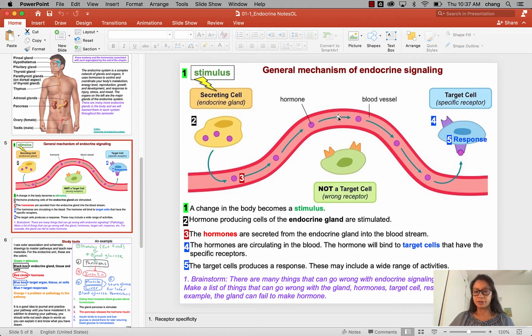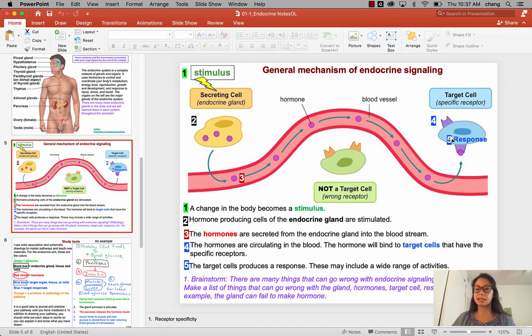The hormone will travel, and it's going to look for a binding site. If a cell does not have the correct receptor, it is not a target cell. However, if the hormone moves to another cell that has the correct binding site, then the hormone can bind to this target-specific receptor. Step 4, the receptor will bind, and that will send a signal to the target cell here in blue, creating a varying amount of response.